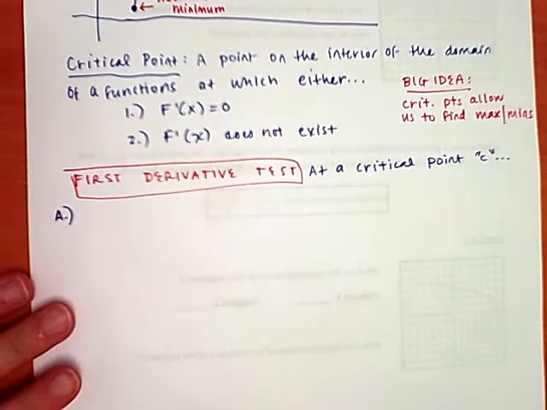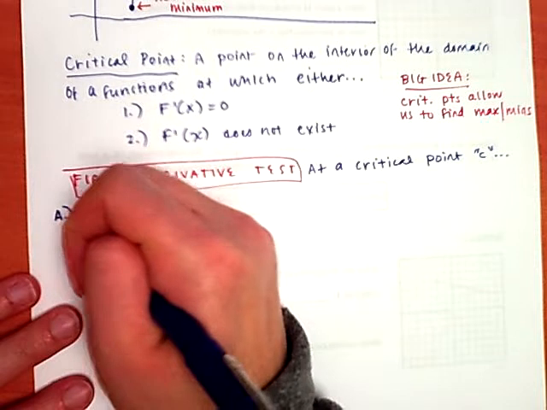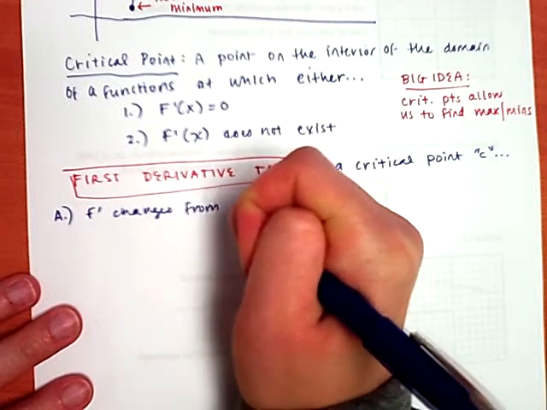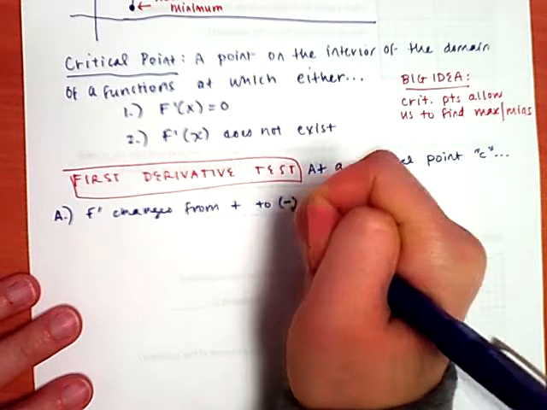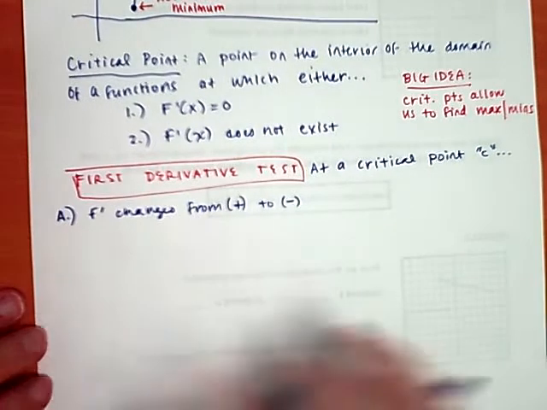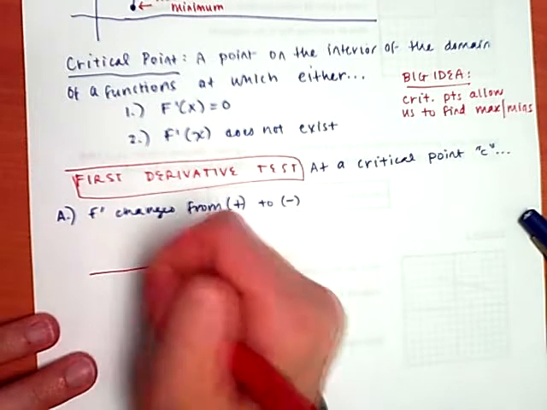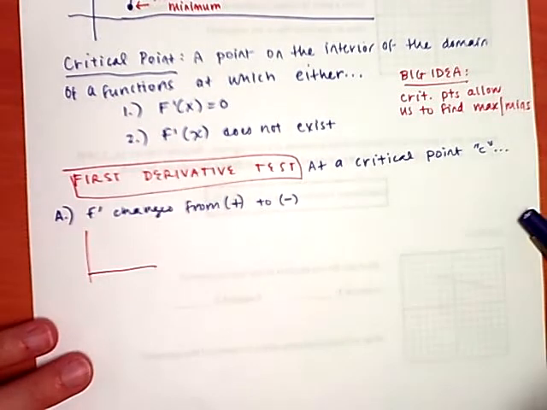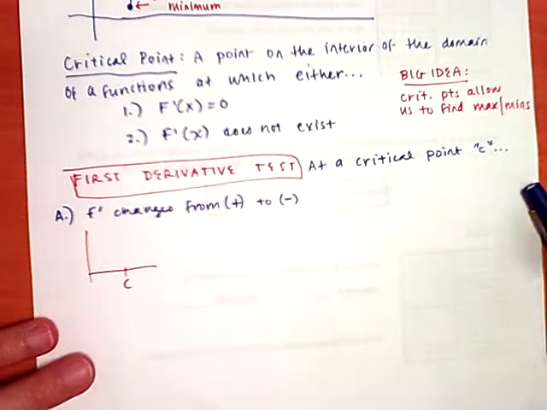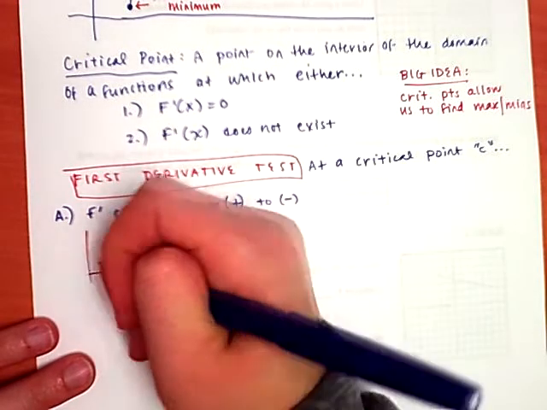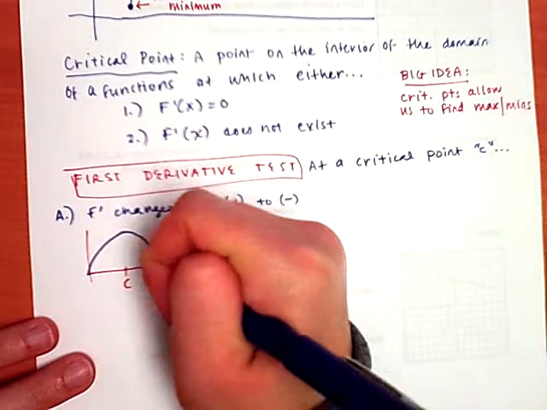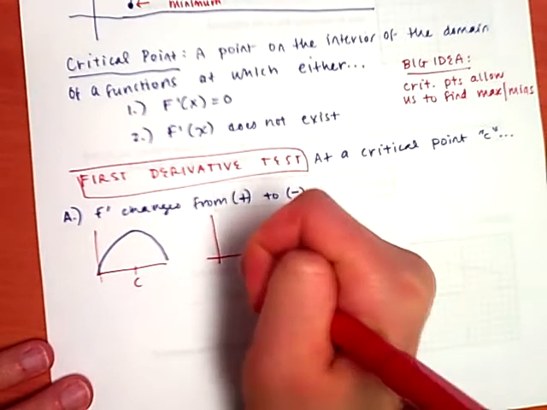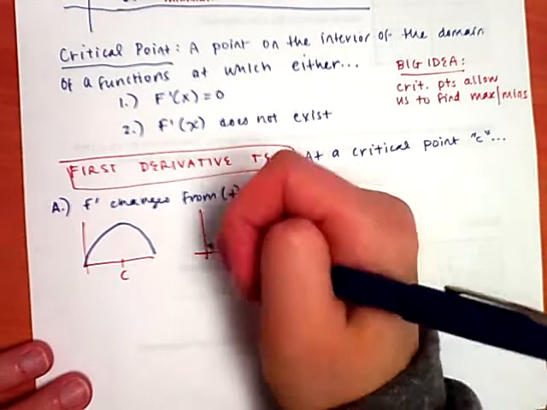The first thing that could happen is that the derivative changes from positive to negative. Okay, and we know visually we can think about what this looks like. If the derivative changes from positive to negative at some x value c, it must be that either we have something smooth like this, or maybe we have something not smooth at that point, like a cusp.